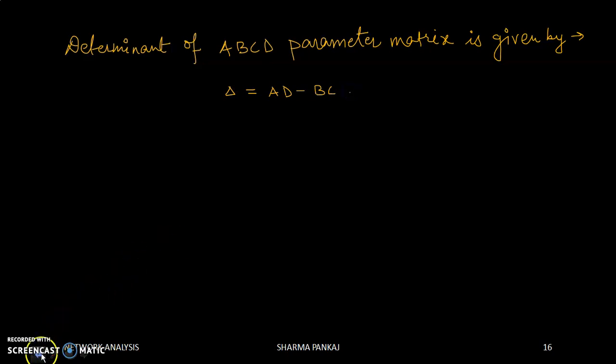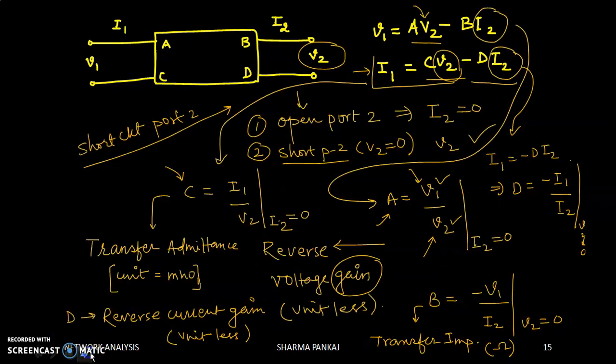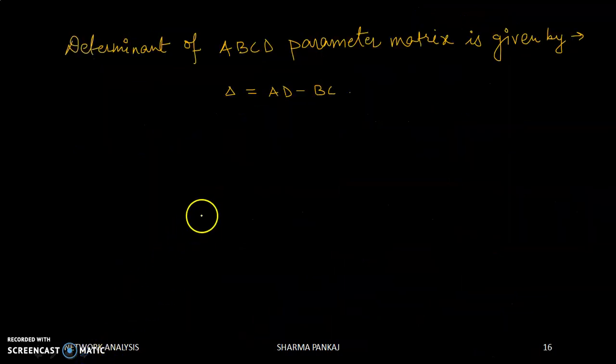Let us understand from the matrix: AD minus BC.